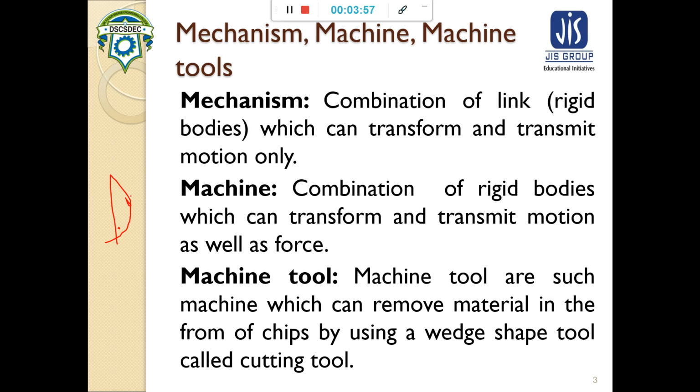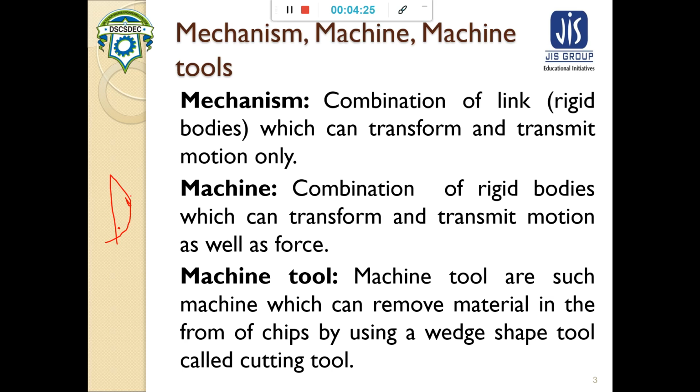Similarly, what is machine? Machine is nothing but a combination of rigid bodies which can transform and transmit motion as well as force. Example of a machine, anything. You can take automobile engine, or you can say the e-rickshaw, the printer, everything is a machine.